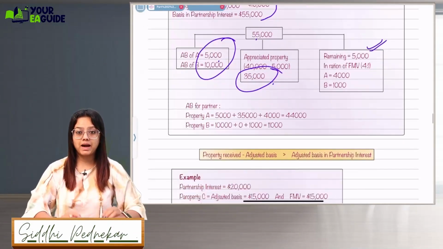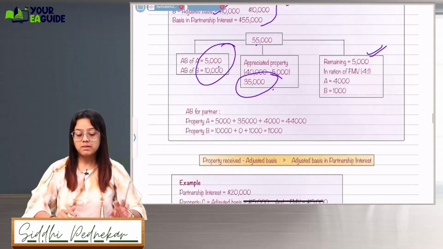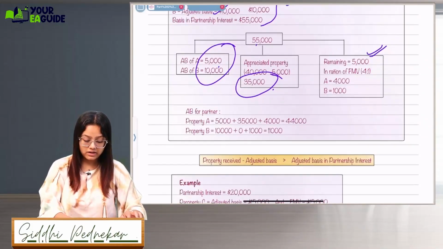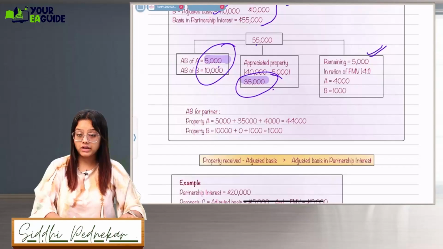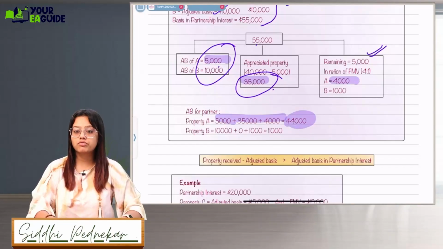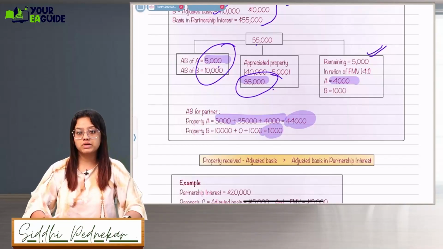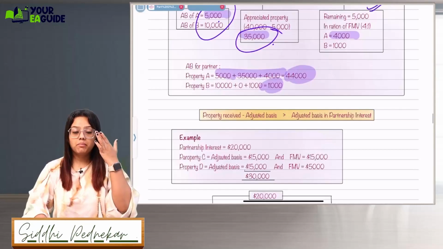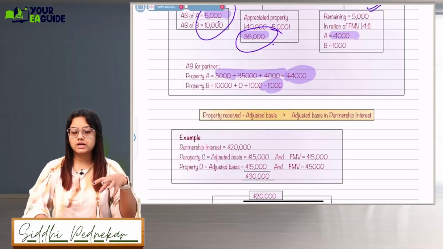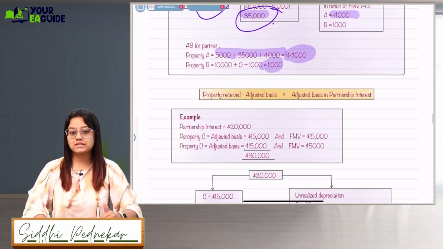So the partner will recognize property A in his books at 5,000, 35,000 and plus 4,000. This is the value of property A, and property B will simply be 11,000, that is 10 plus 1,000.